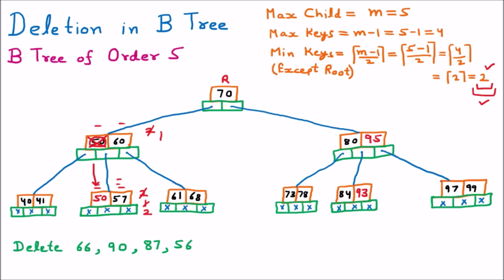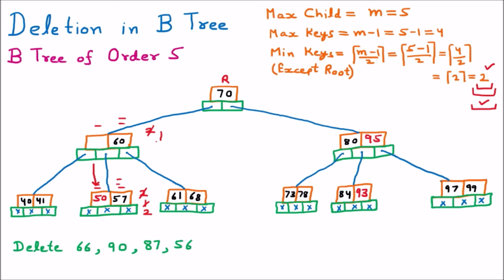So we have deleted the element 50 from here and we have shifted it to the downward side. So there only one key is remaining. One key means the property is not followed because we know that there should be minimum two keys. So here is a problem because even after shifting, it is not becoming a B tree.